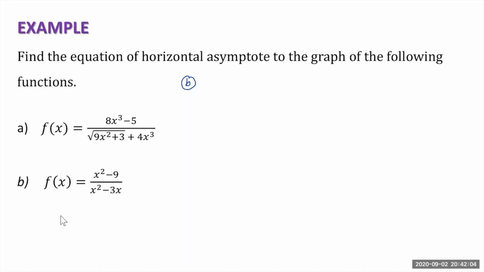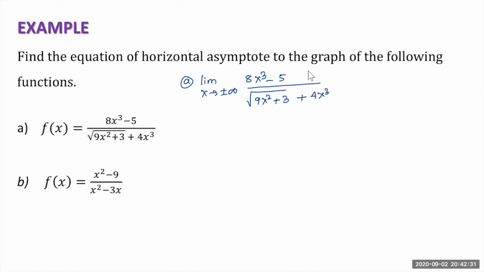So here, for part A, the limit as x approaches positive or negative infinity of 8x cubed minus 5 over the square root of 9x squared plus 3 plus 4x cubed.